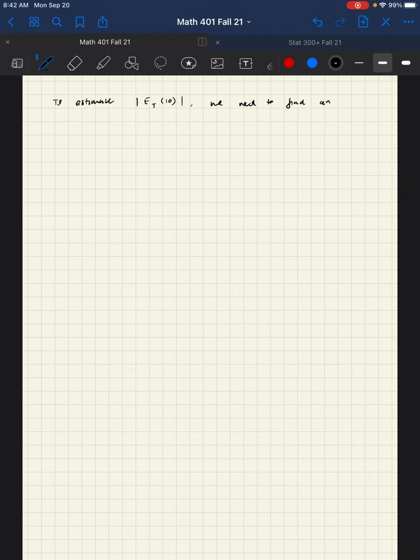So we need to find an upper bound for the absolute value of f double prime of x on the interval 0 to 1.